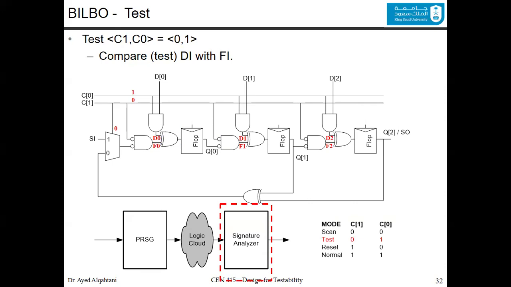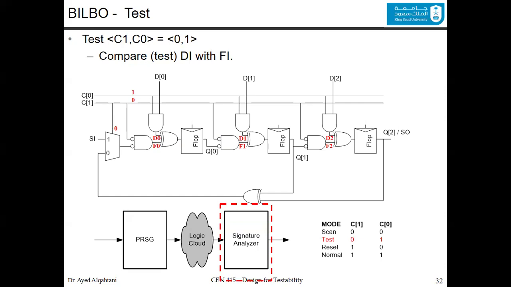And now you can use the XOR as an equality comparator. Is the D0 equal to the F0 that I expected? The D0 will be the actual value, and the F0 will be the expected value. Then you can have the comparison here, and you get the result. And so this is the idea of the BILBO design for testability.